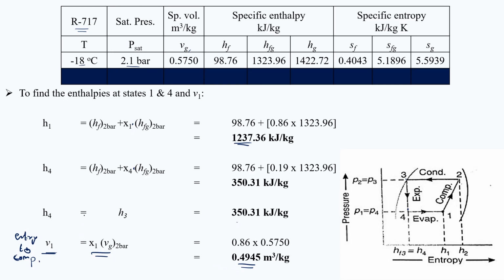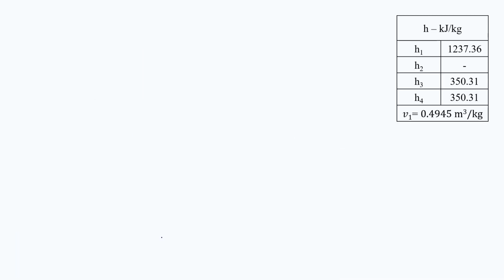Here we are not using the plus vf term, since vf is very much smaller compared to vg. So X1 into vg is enough for calculating the value, and this will give an approximately accurate result. This is with reference to the properties of pure substance in thermodynamics. So we got the enthalpies at 1, 3 and 4 as 1237, 350, etc.